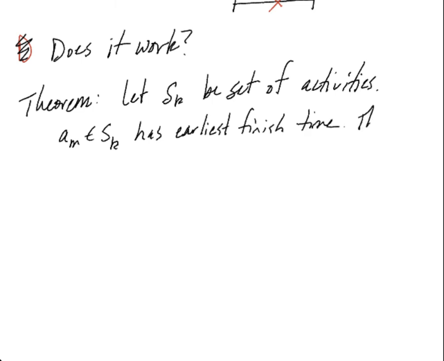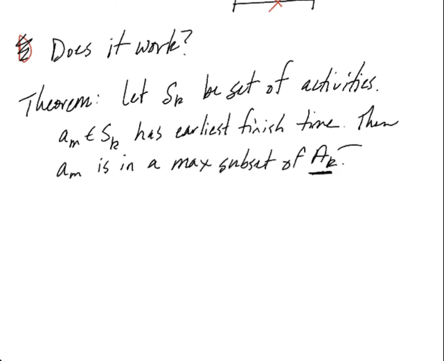Then A sub m is in a max subset of A sub k. So A sub k is the optimal solution, maximum number. And there could be more than one, right?